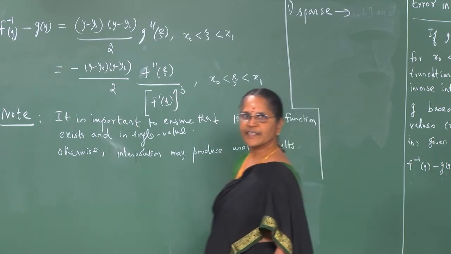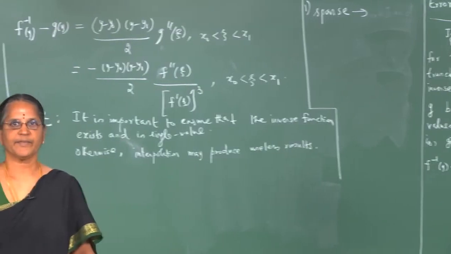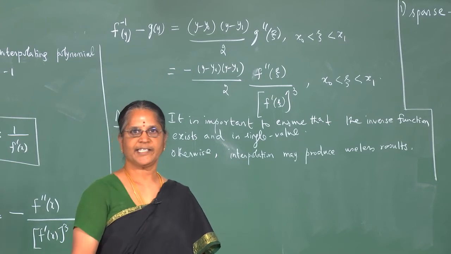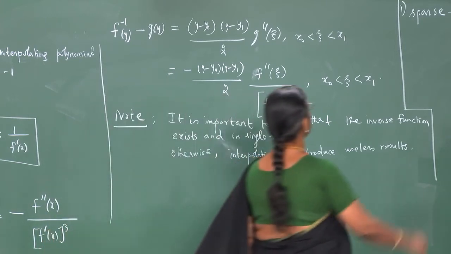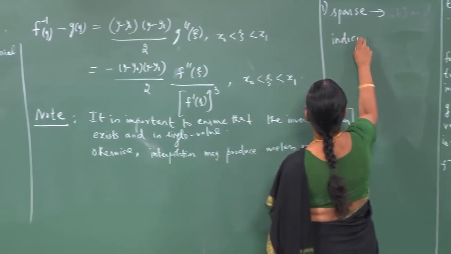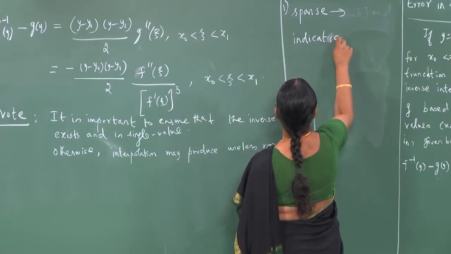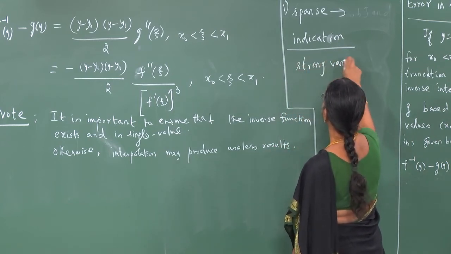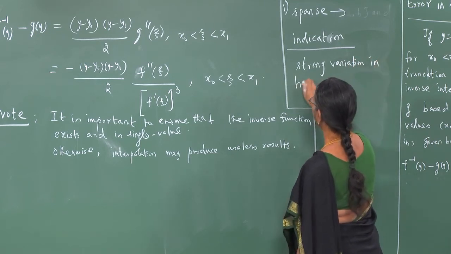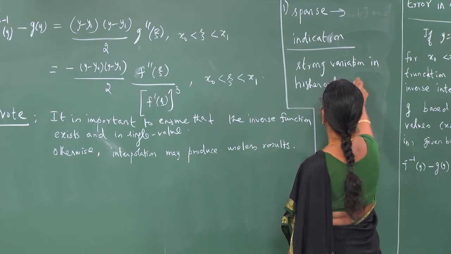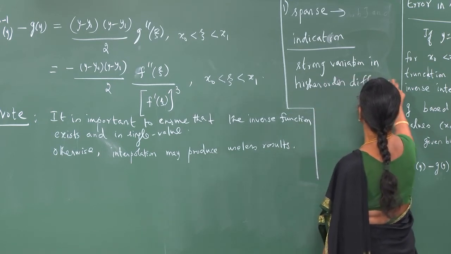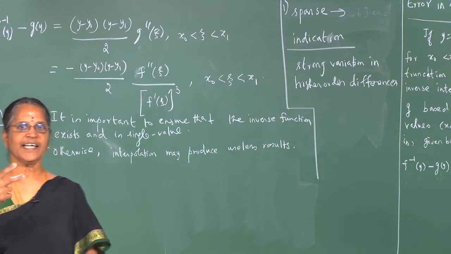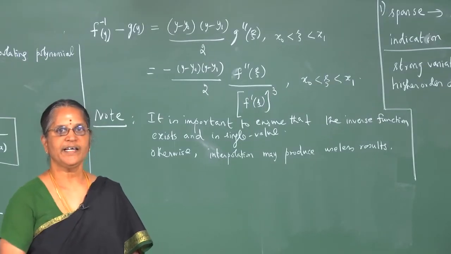Then the question arises, is there any indication that my results are unreliable? Yes, there are some indications. One such indication is that when you form the difference table, you will see that there is a strong variation in higher order differences. If that happens in your computation, then you can immediately say that this indicates that my results are not going to be very reliable.